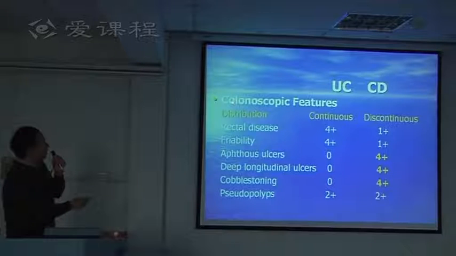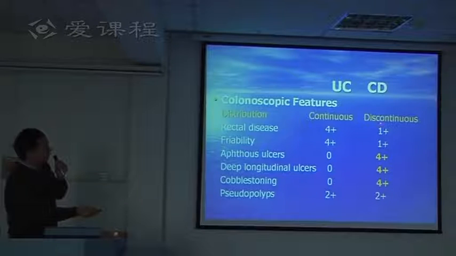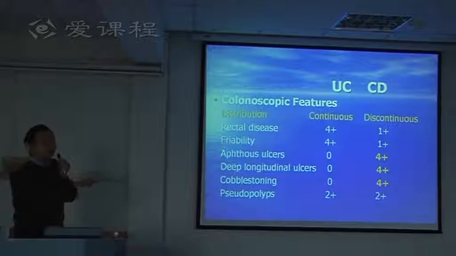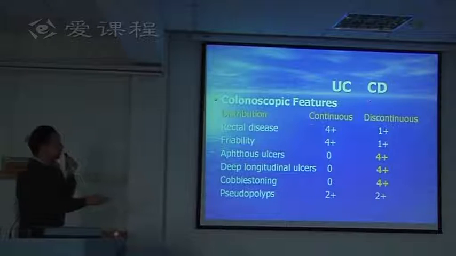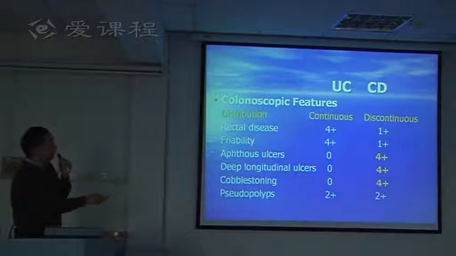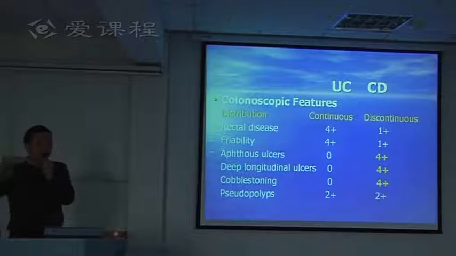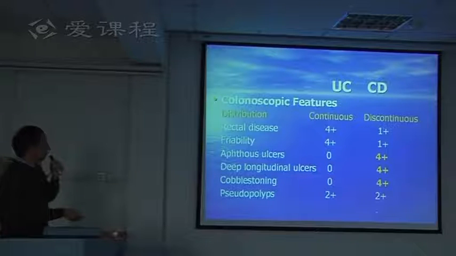So these are the colonoscopic features. UC and CD distribution: CD is discontinuous, so it's segmental, and UC has a continuous lesion.